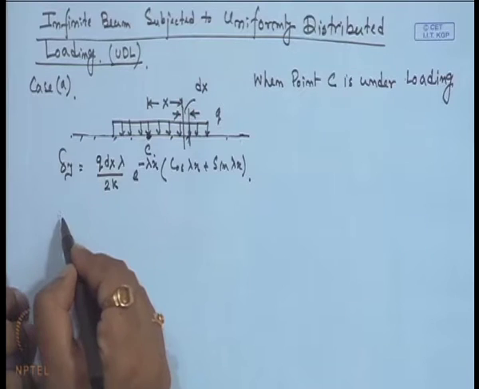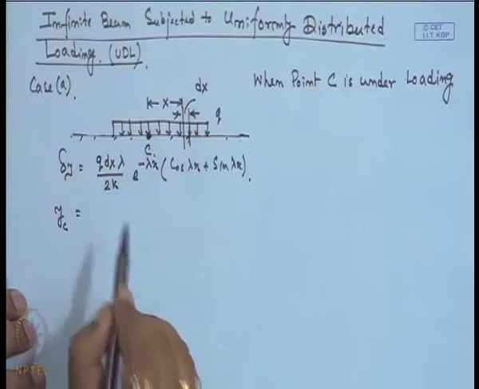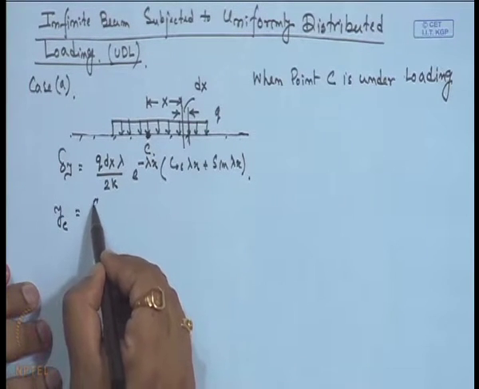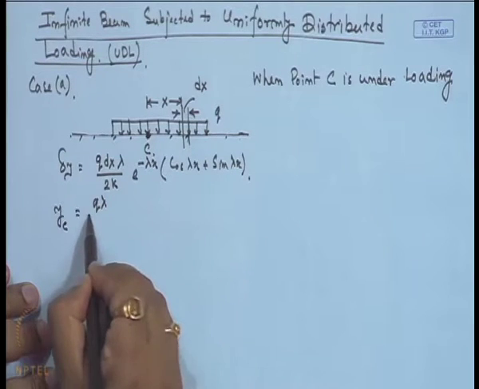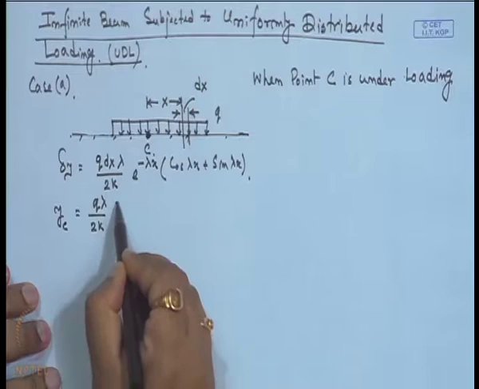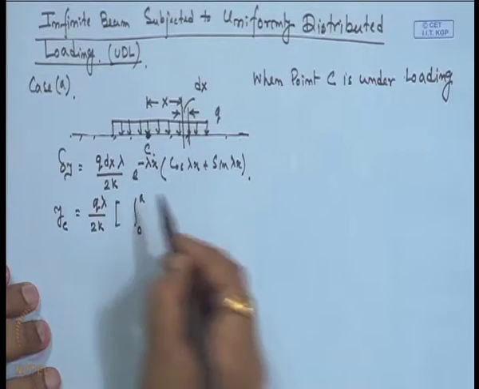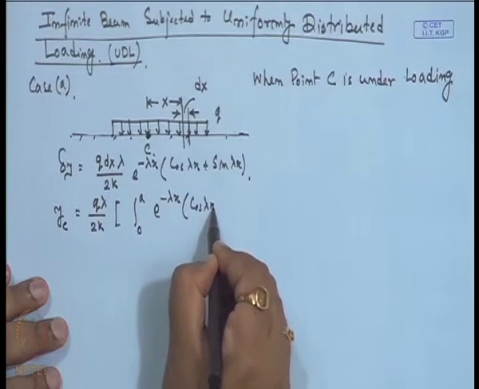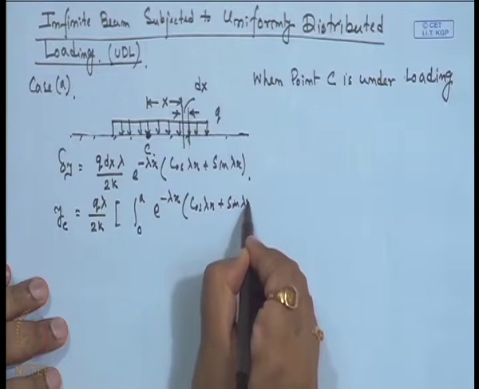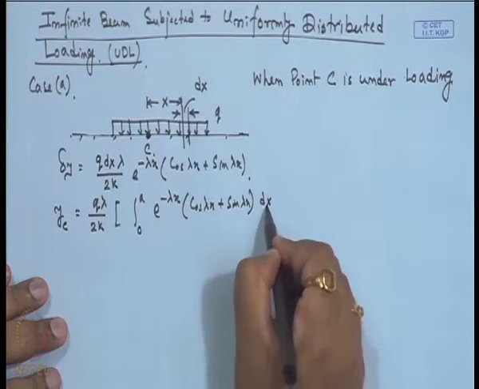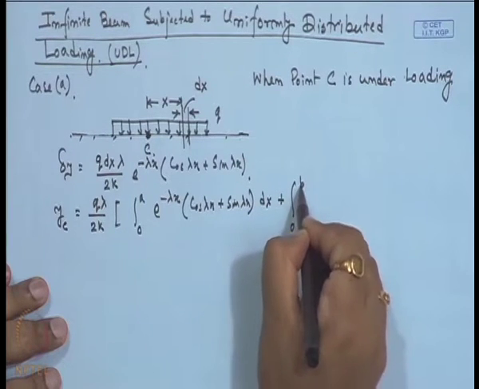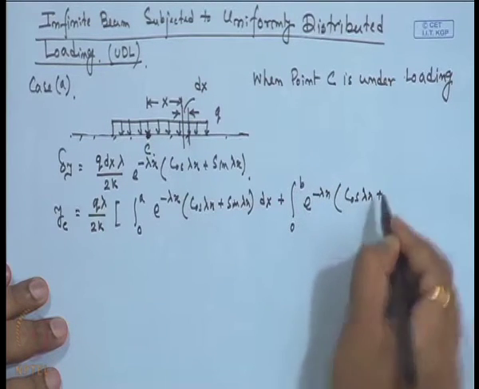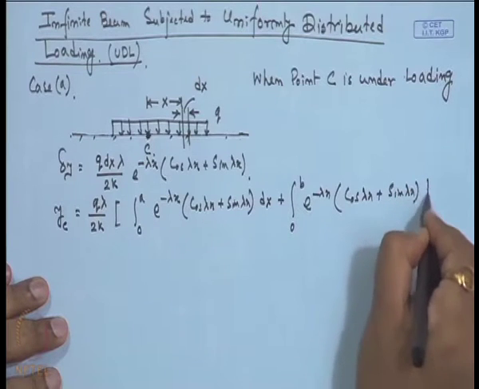So, the total deformation at C due to this UDL will be q into lambda divided by 2k, integral 0 to a of e to the power minus lambda x into cos lambda x plus sin lambda x into dx, plus integral 0 to b of e to the power minus lambda x into cos lambda x plus sin lambda x into dx.